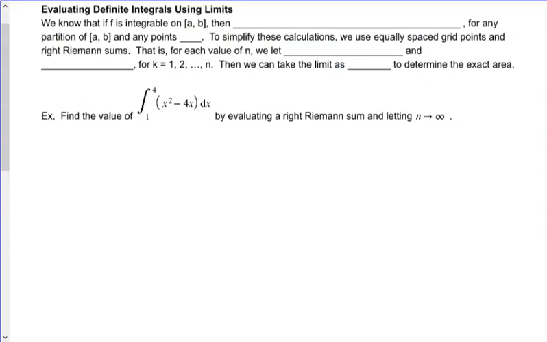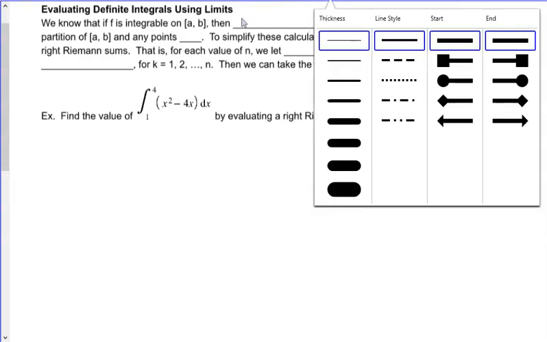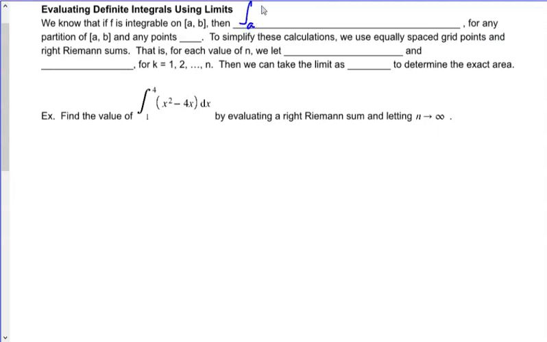So, we know that if f is integrable on [a, b], then the integral from a to b of f of x dx is equal to the limit as our partitions go to 0 of the summation from k equaling 1 to n of f of x sub k times delta x sub k. And again, this is just that general definition of the Riemann sum, for any partition of [a, b] and any points x sub k, if that is true.